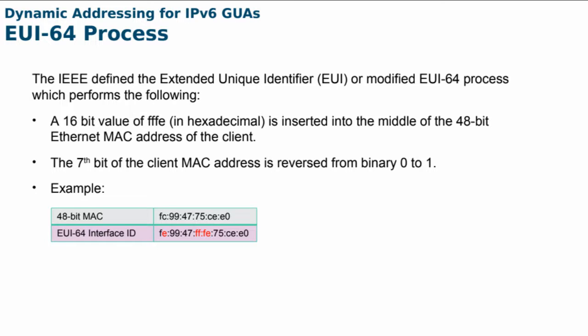You can convert this number and do it, and you will get this number. So this is the EUI-64 process. They insert a 4-digit hexadecimal number, FFFE, and they reverse the 7th bit of the client MAC address.